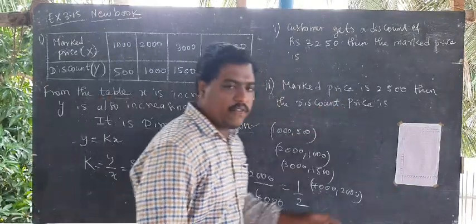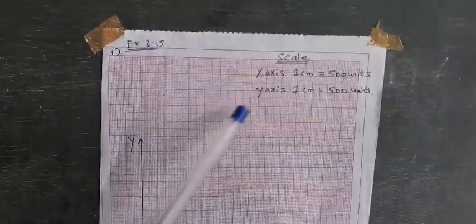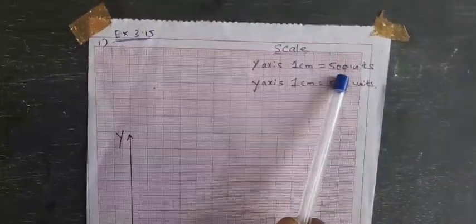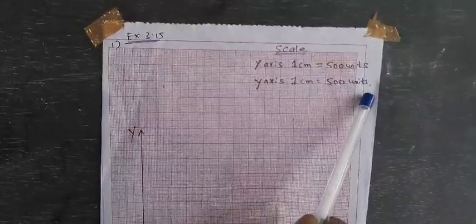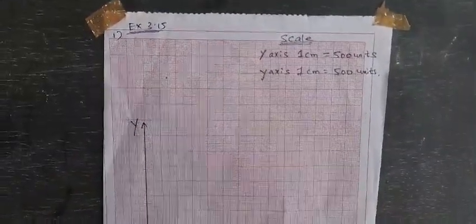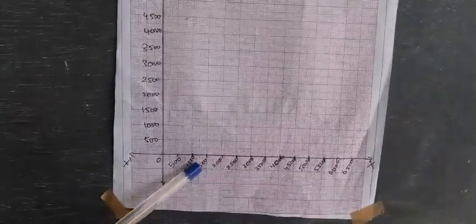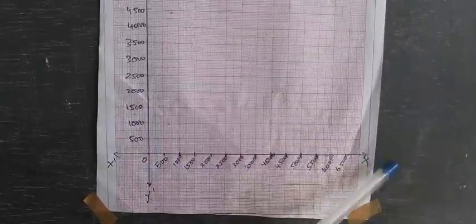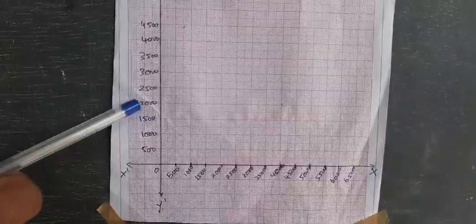Now we see the graph. Scale: x-axis 1 centimeter equal to 500 units, y-axis 1 centimeter equal to 500 units. We have to write the scale, and for this scale 1 mark. See here, I am taking 500 units on the y-axis: 500, 1000, 1500, 2000. On the x-axis also, 500, 1000, 1500, 2000, like this.